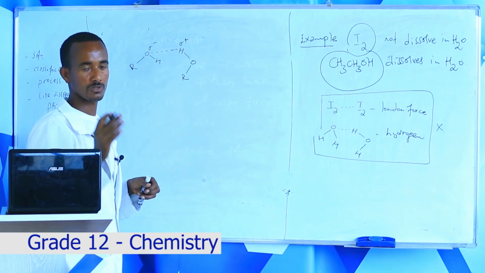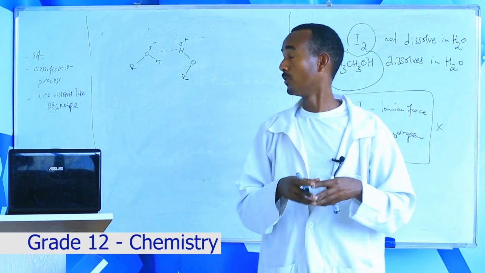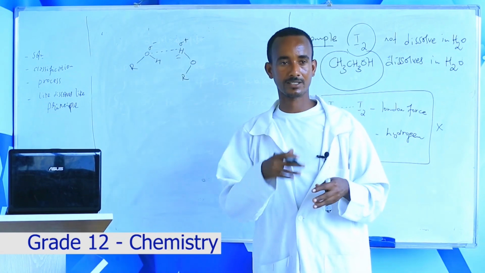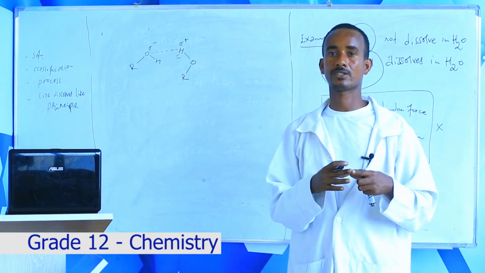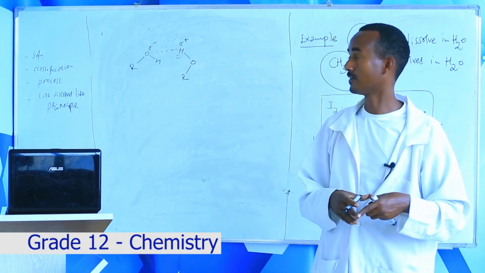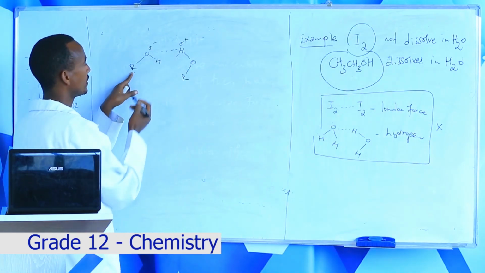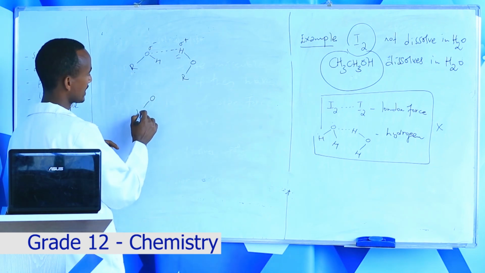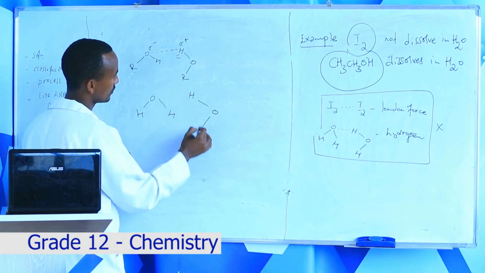And when you say hydrogen bond, students, you know that hydrogen bond exists when the element hydrogen will act as a bridge between the three most electronegative elements such as oxygen, fluorine, as well as nitrogen. Okay? So the intermolecular force between the ethanol molecules are hydrogen bond, and the intermolecular force that exists between the water molecules are also hydrogen bond.